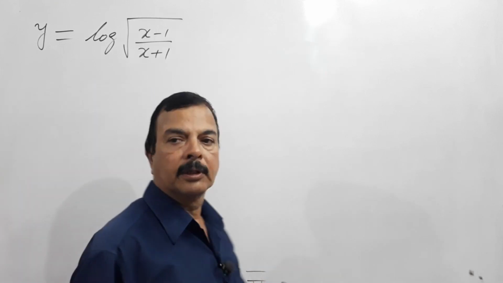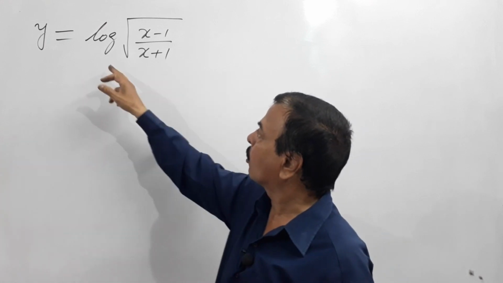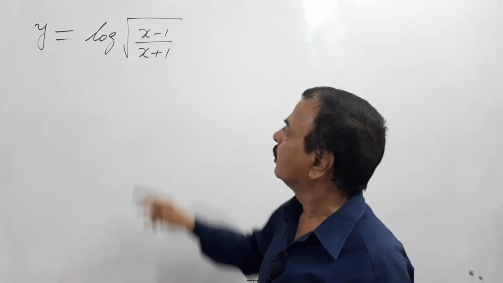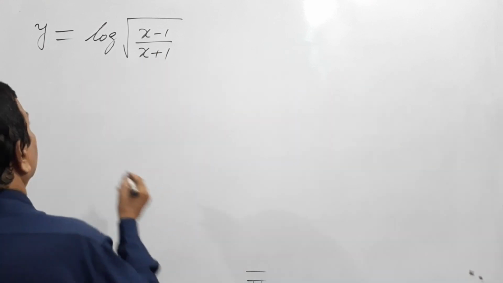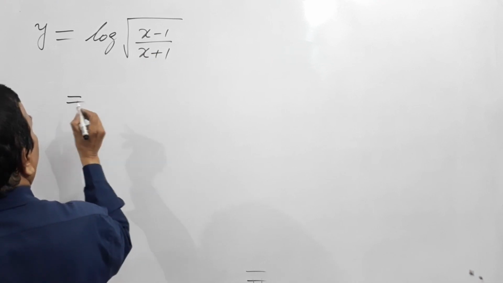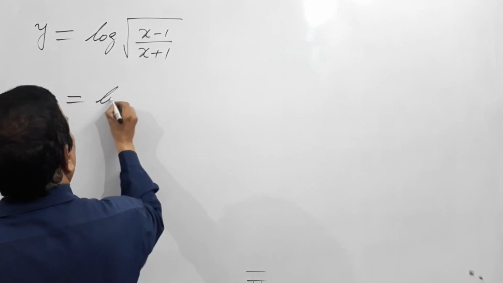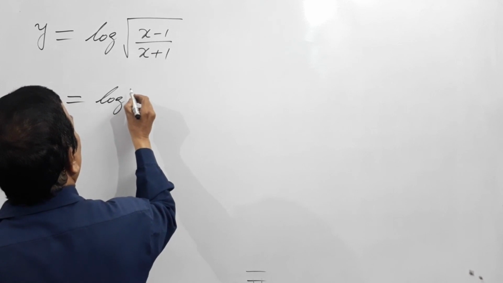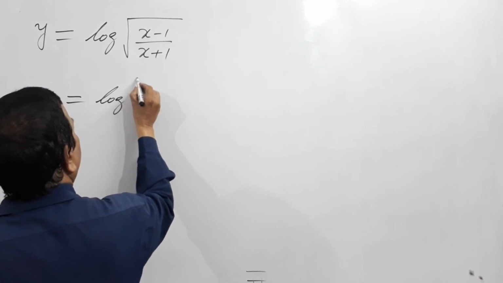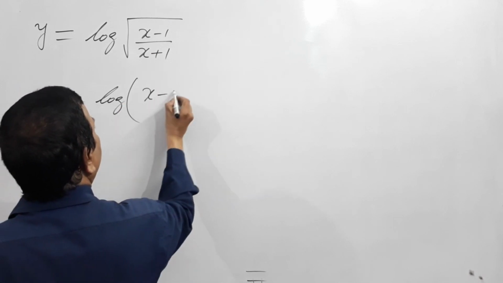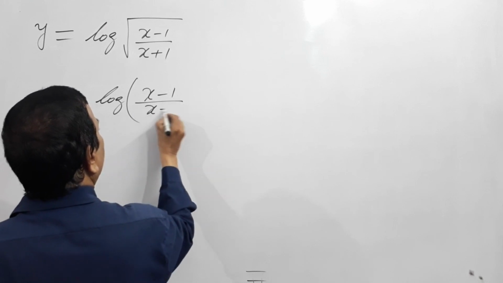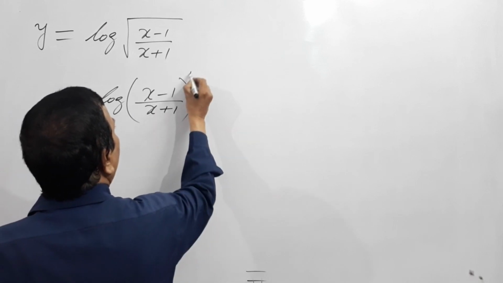So dear students, we have a problem: y equals log of square root of x minus 1 by x plus 1. This can be simplified, that is log of x minus 1 by x plus 1 whole to the power of half.